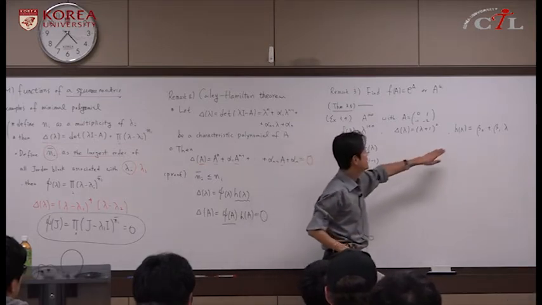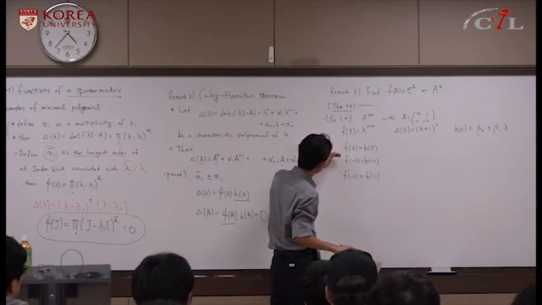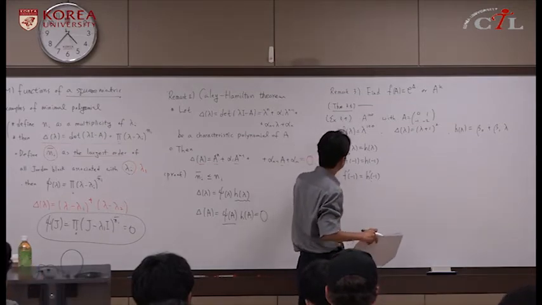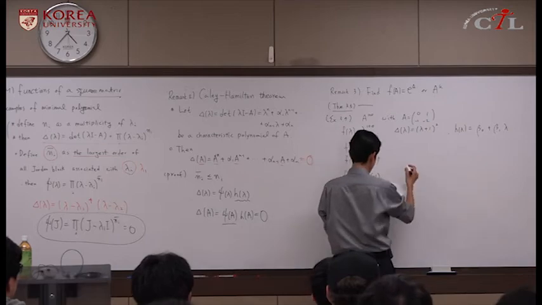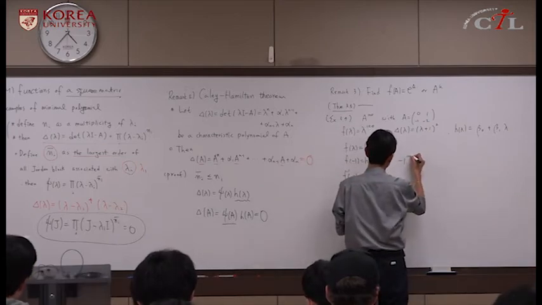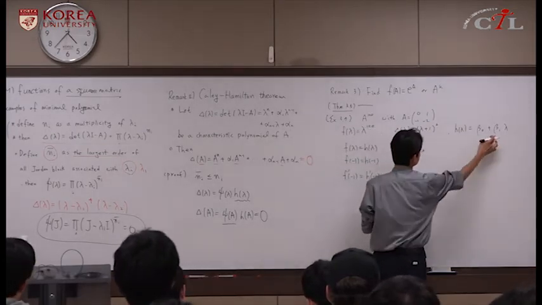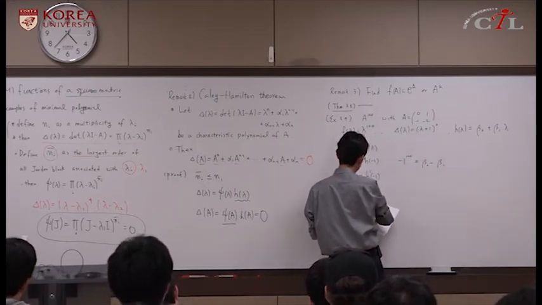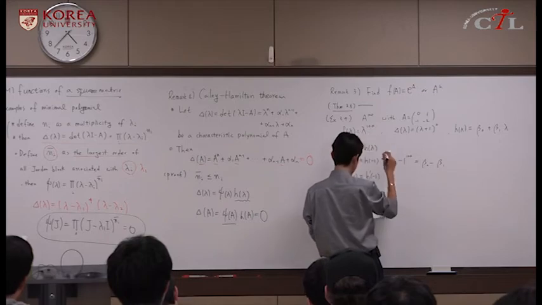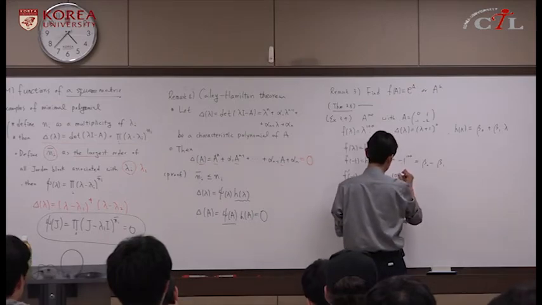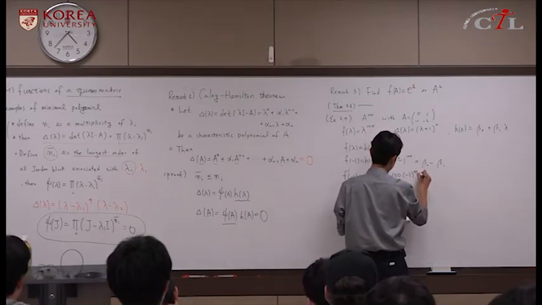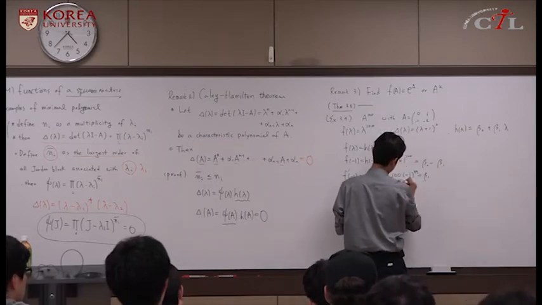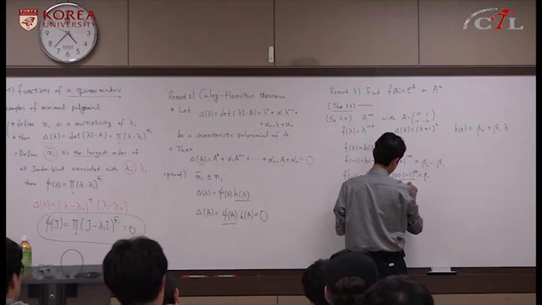After setting h(lambda), we use the given conditions, that they are the same. If I put minus 1 here, minus 1 to the 100th power is equal to 1, so it's beta 0 minus beta 1. For the differentiation, putting minus 1 gives beta 1, and this is minus 100.